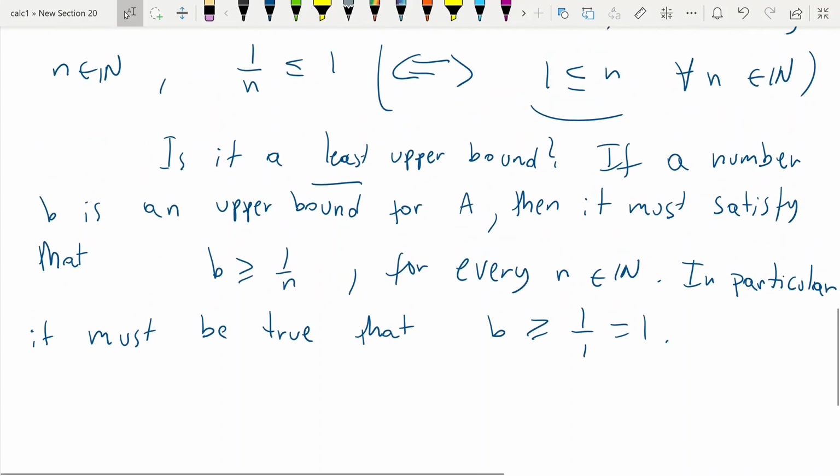And this is the second property that we need to show when we claim that something is a least upper bound.